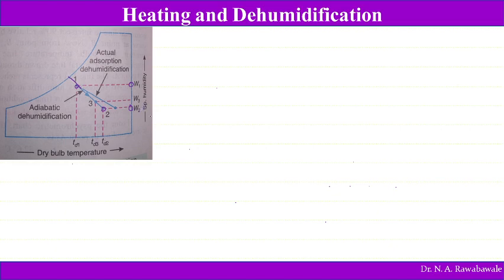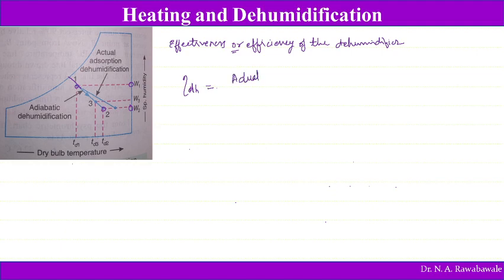Therefore the effectiveness or efficiency of the dehumidifier is given as the actual increase in dry bulb temperature to the ideal increase in dry bulb temperature.